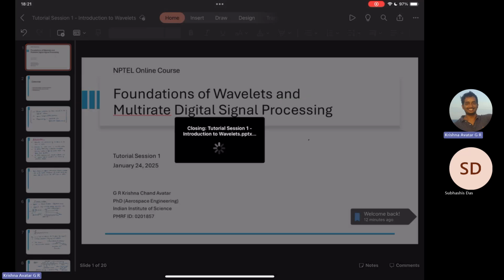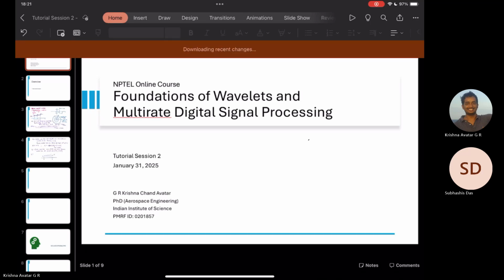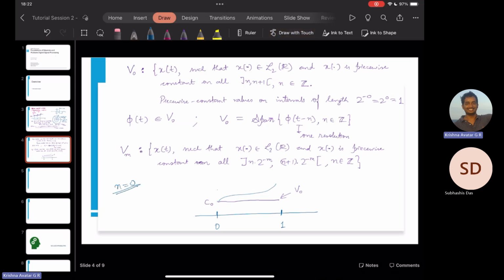So let's fix n equal to 0 first of all. Through this we indicate that we are only looking at the interval 0 to 1. Then the resolution for V naught is 2 to the power minus 0, which is just 1. And this is what we are doing right now.